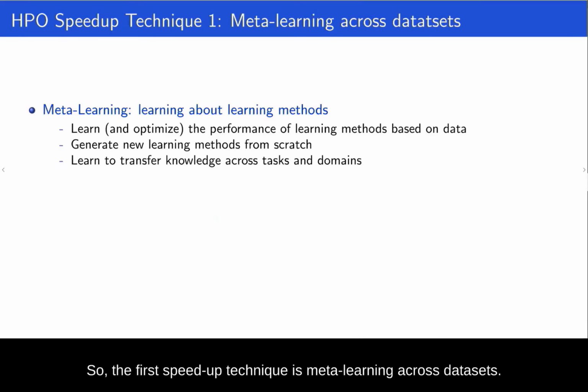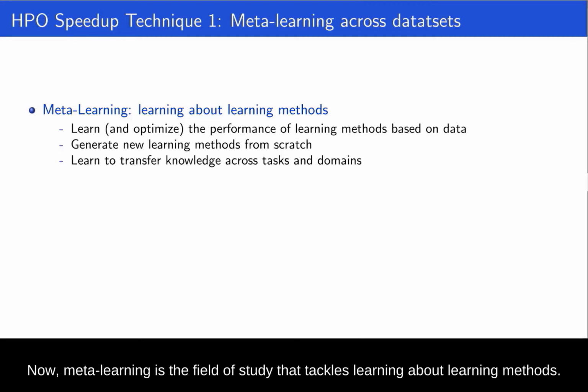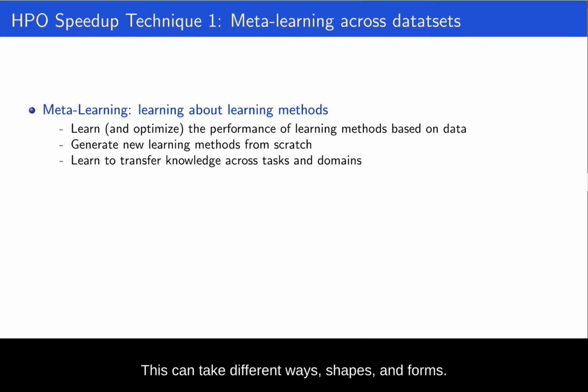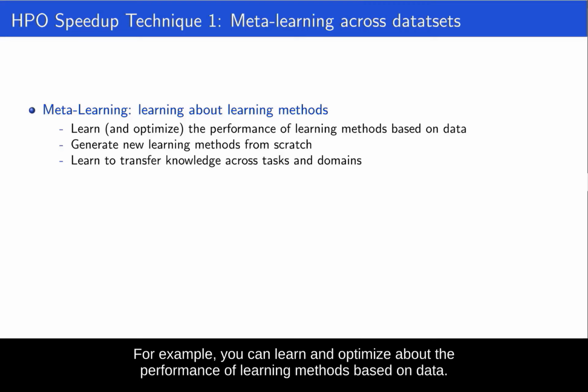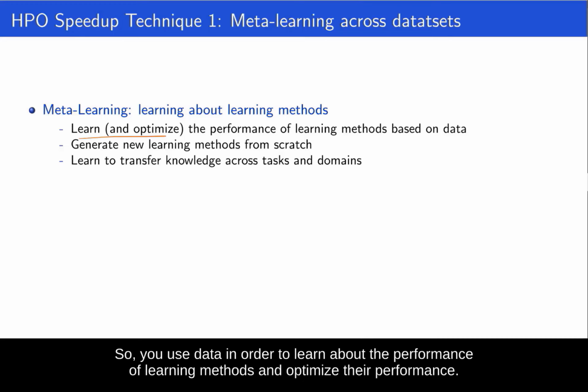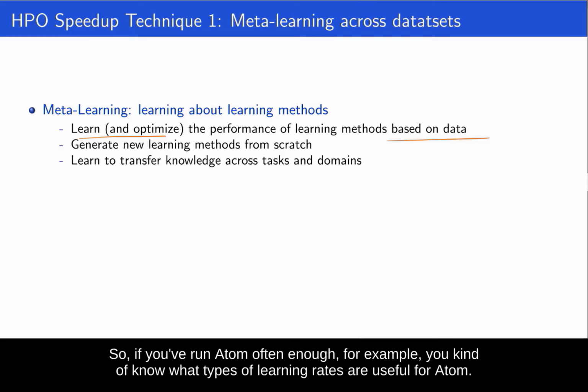So the first speedup technique is meta-learning across datasets. Now, meta-learning is the field of study that tackles learning about learning methods. This can take different ways, shapes, and forms. For example, you can learn and optimize about the performance of learning methods based on data. So you use data in order to learn about the performance of learning methods and optimize their performance.